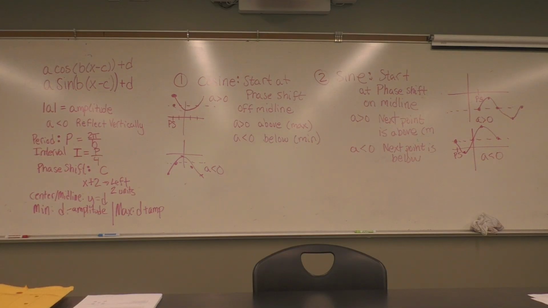Those instructions should get you to where you need to go. If you calculate the interval correctly, you add the value of the interval to the phase shift and get tick marks on your number line correctly, you know the pattern is to go up and down or vice versa. And so these are your starting points for sine and cosine.